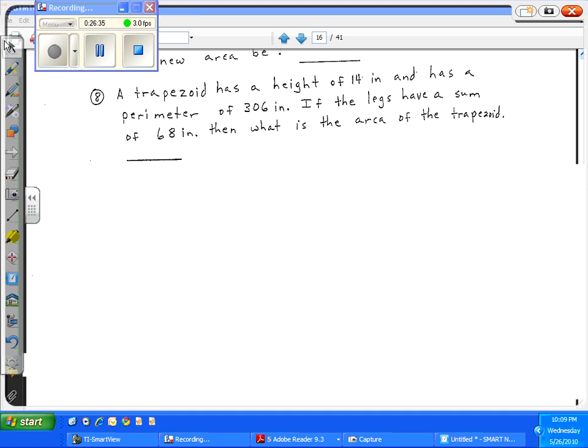A trapezoid has a height of 14 inches and has a perimeter of 306. If the legs have a sum of 68, what is the area? Wow. Area, perimeter.